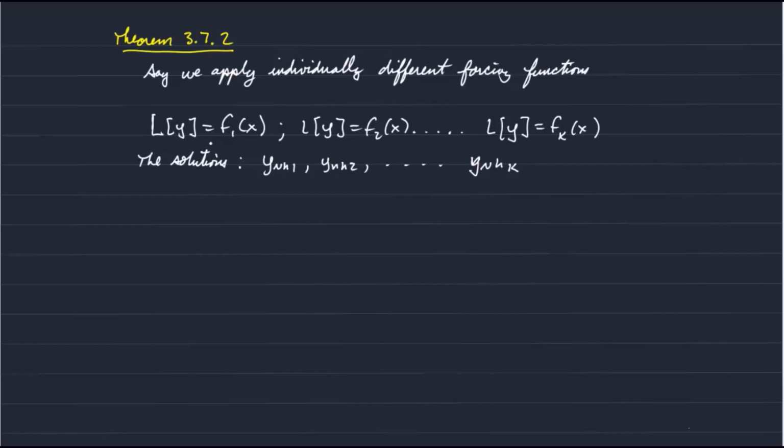Of course, each general solution would share the same homogeneous solution, but again, they would have these different responses to the non-homogeneous part. And so we could also apply all the forces all together.